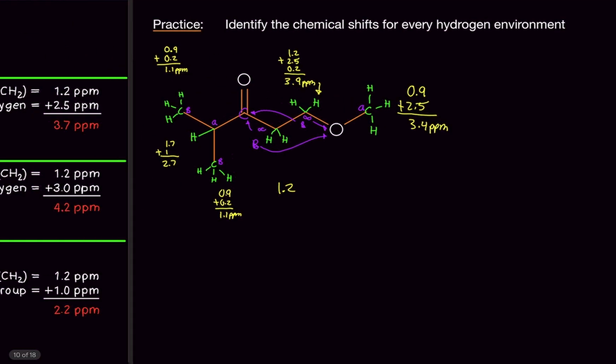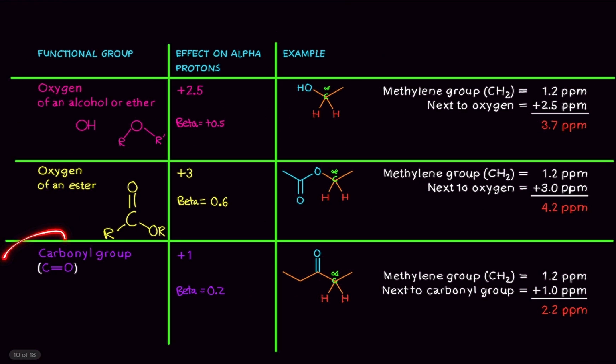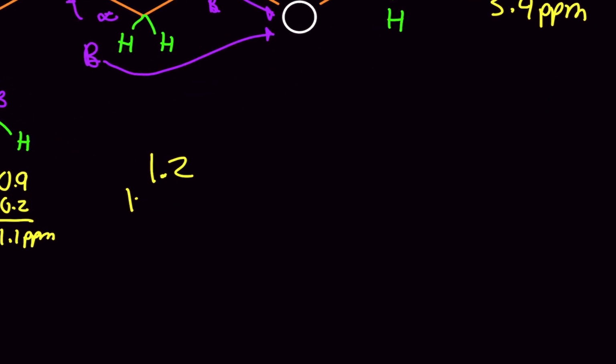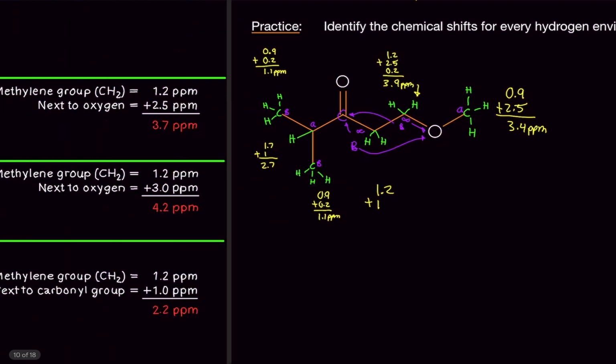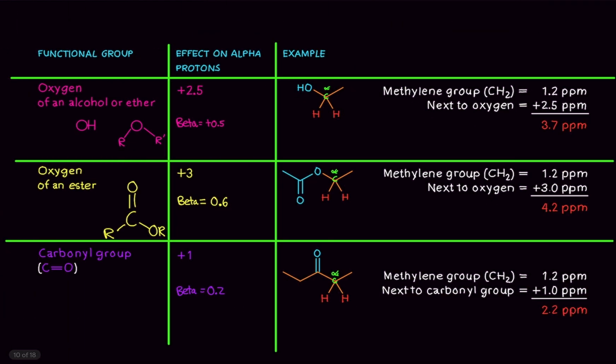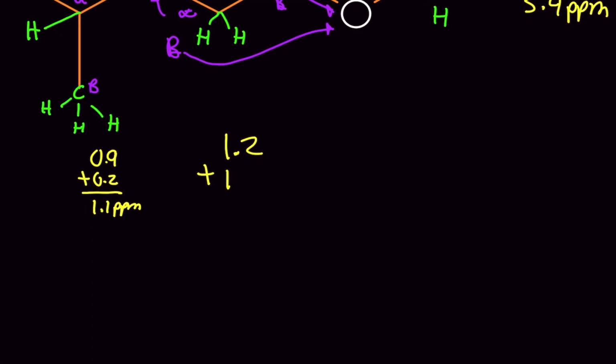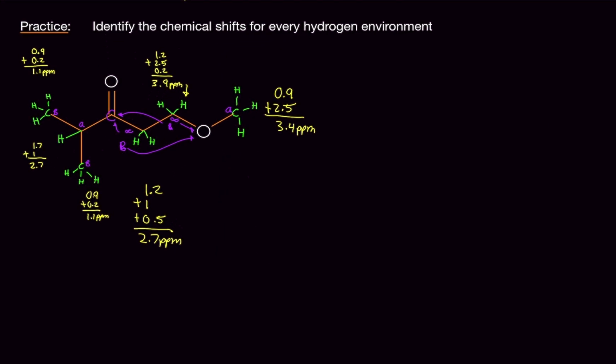Alpha to a carbonyl is plus 1. And then we're beta to an oxygen of ether, so 0.5. 2.7. Okay, and that's it. These are all the signals and the shifts. It's not too bad, right?